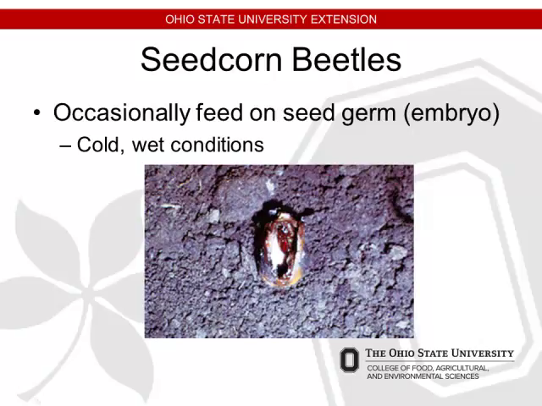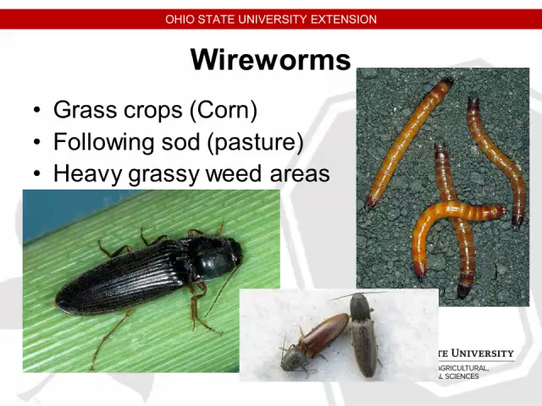That seed may lay there for longer periods of time, and it can become soft. It can begin giving off odors that would be attractive to these types of insects that come in there. So those are a couple of things that can attack the seed while it's sitting there in the cold, wet conditions. The other insect that occasionally becomes problematic is the wireworm.